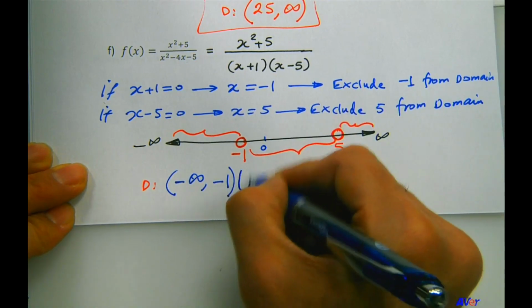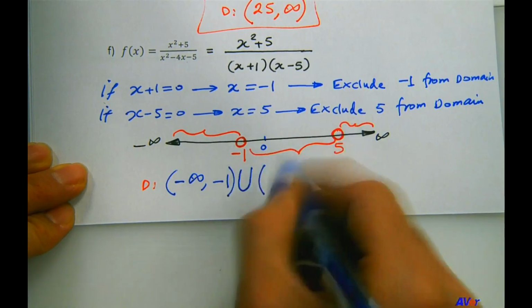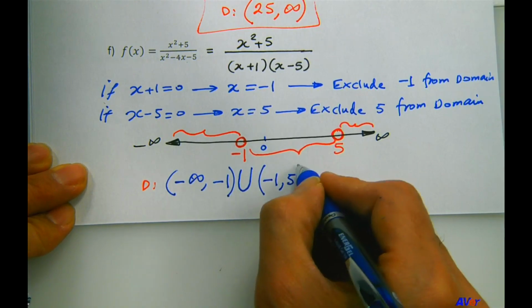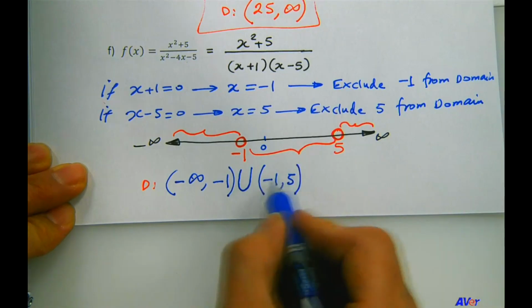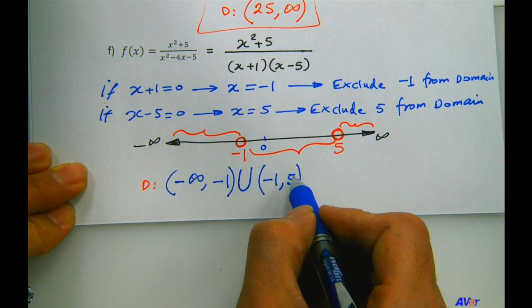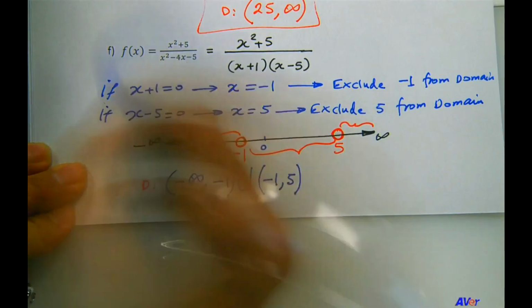Then union, which piece? This piece from -1 to 5. Once again, parenthesis -1 comma 5, parenthesis or bracket? Parenthesis, correct. Because neither -1 nor 5 can be part of the domain because they would make the denominator 0 and the function undefined.